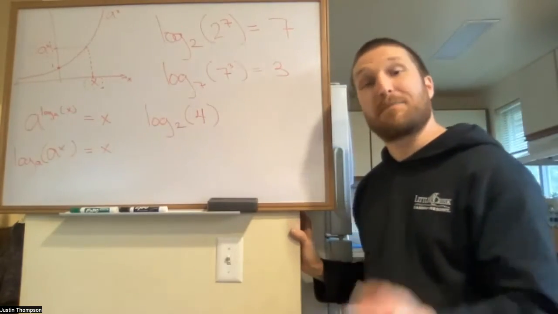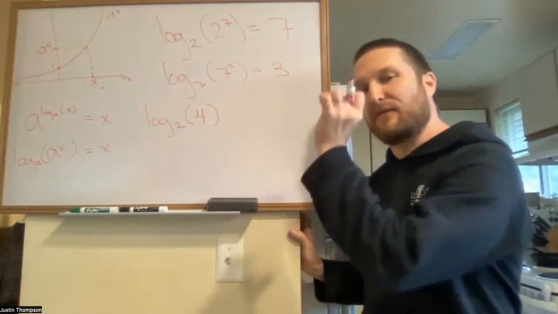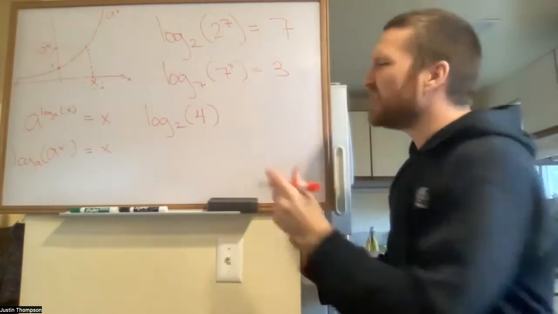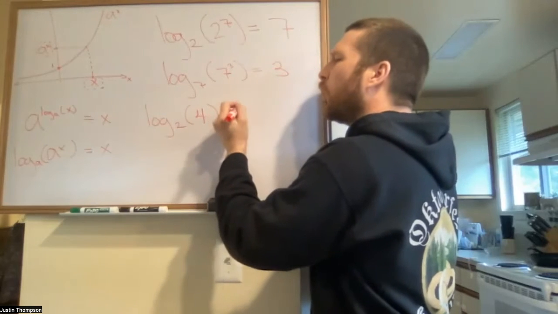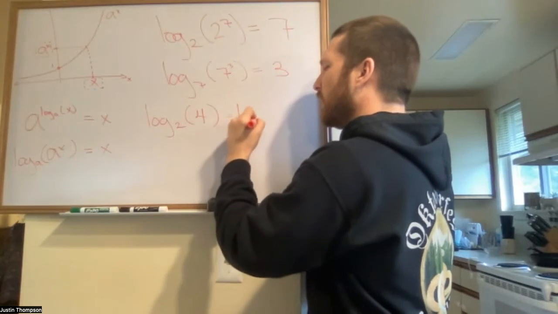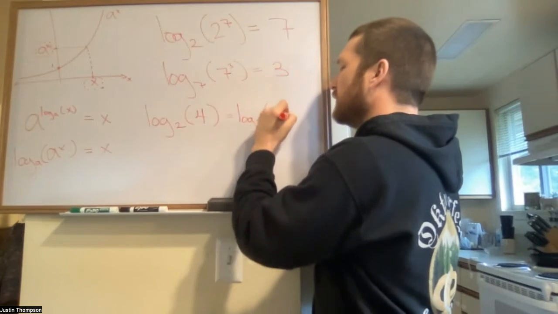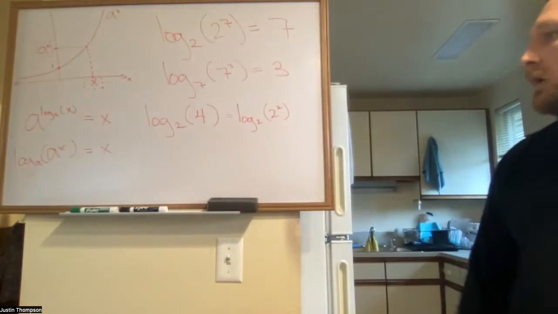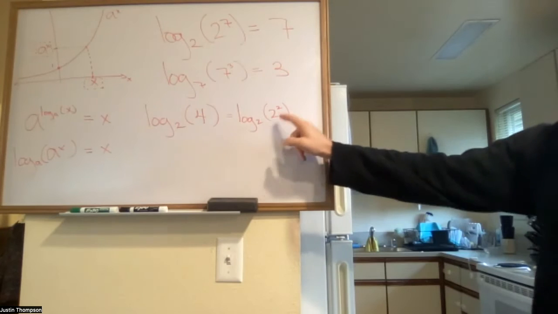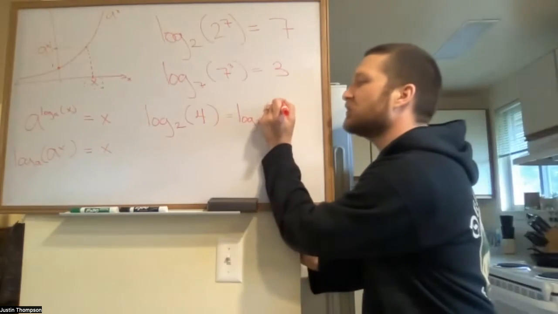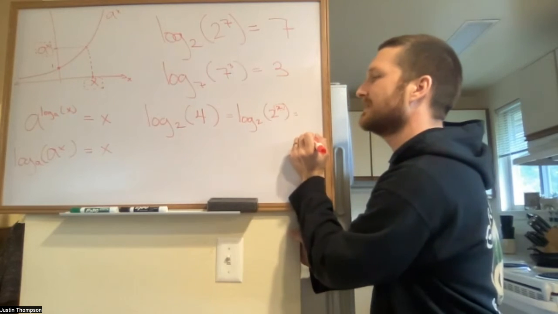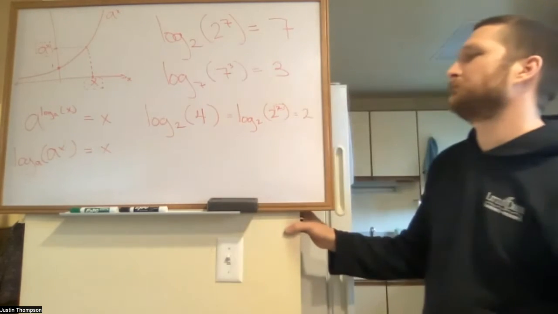That doesn't make any sense. But if I could write 4 as 2 to some power, 4 equals 2 to what power? 2 squared. Oh, now I don't need to use my brain, because this says you took a function and then pulled it straight back. This should come back to whatever the input was, in this case the 2.